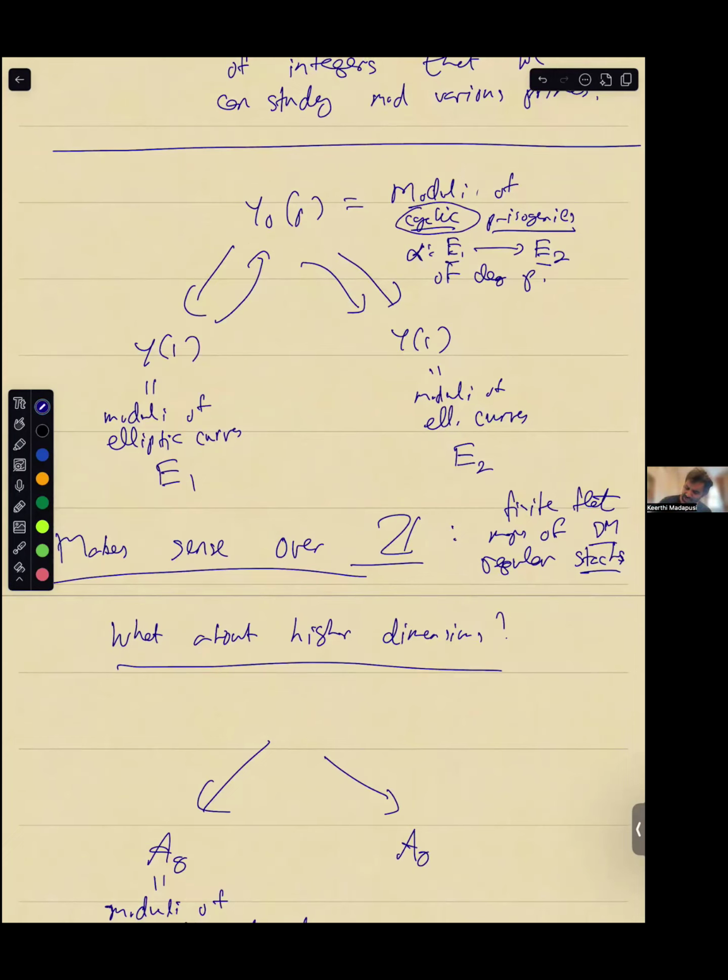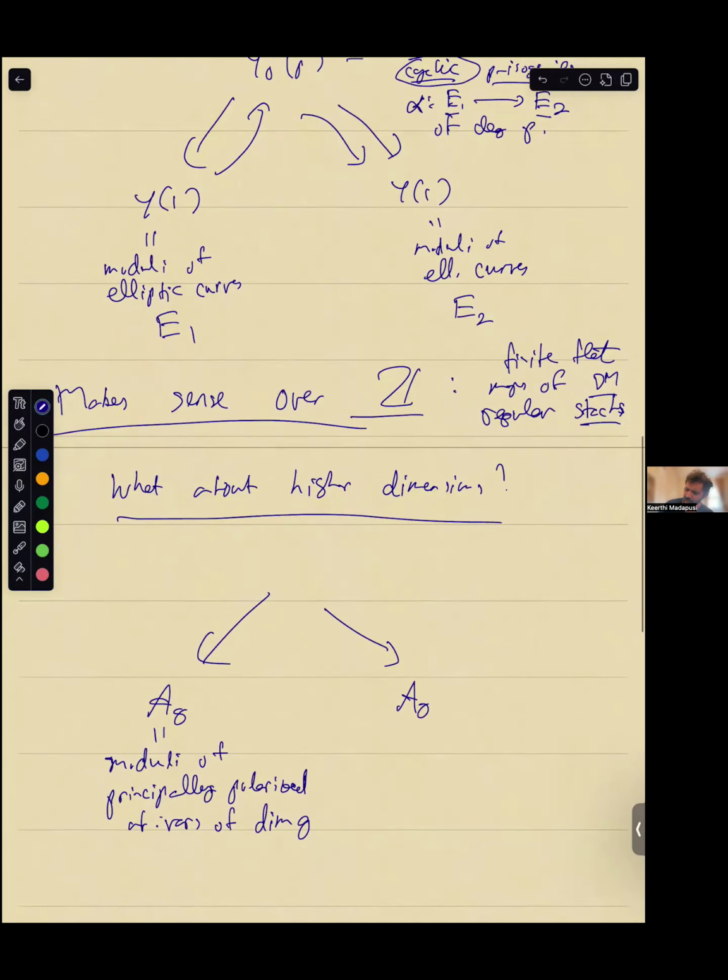This doesn't really make very much sense in higher dimensions. It's a very particular phenomenon that is only really sensible in what you can call a rank 1 situation.